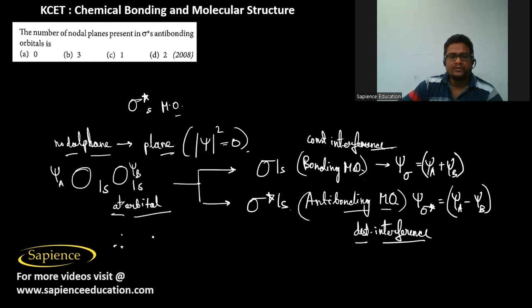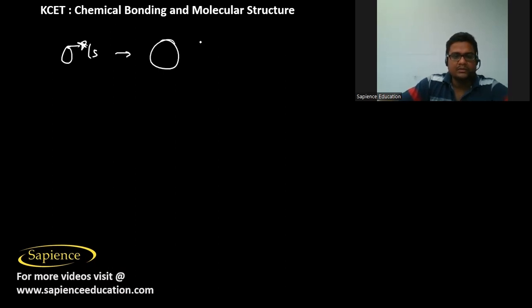So therefore, when sigma star 1s is formed, these two wave functions will be subtracted. It means the negative wave function will be added with the positive wave function of 1s.